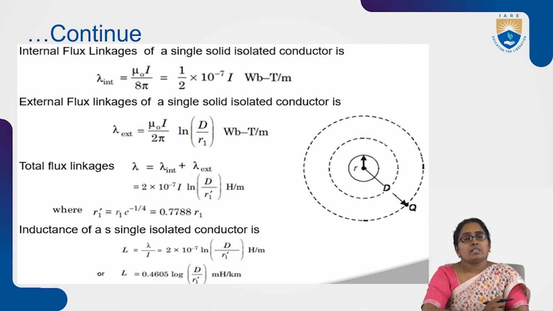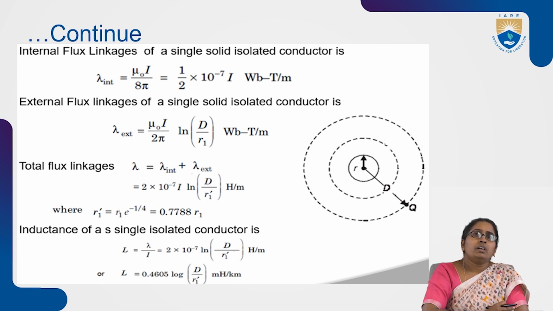Next, total flux linkages psi is equal to the sum of the two, psi int plus psi external, which we will get as 2 into 10 power minus 7 I into log of capital D by R1 dash. Where R1 dash, we know, is 0.778 into R, where R is the radius of the conductor in meters.